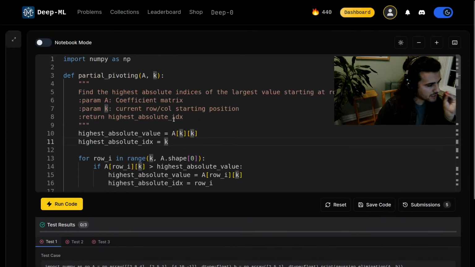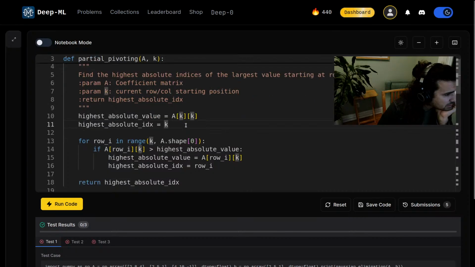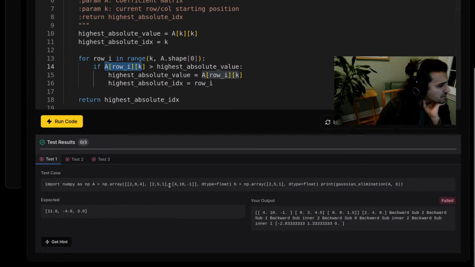And I'm taking the top left of that square matrix, always, as the highest absolute value. And I'm iterating over the row, and I'm checking. Oh, wait. Is this it?